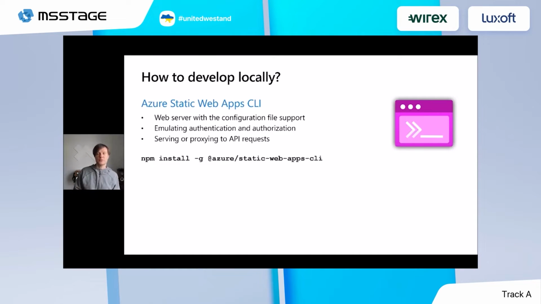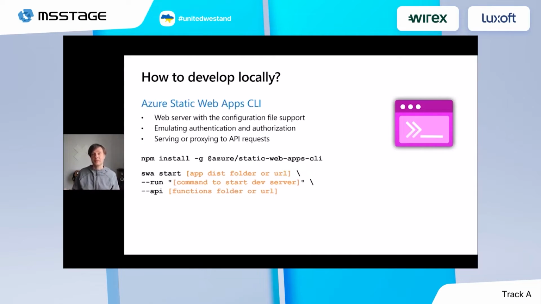How to start with this tool? Well, it all starts with npm install, right? And it's a good idea to install it globally. And then you have a command called SWA available in your terminal. So, swa start, and you might want to pass a couple of parameters to explain better how your application is structured.